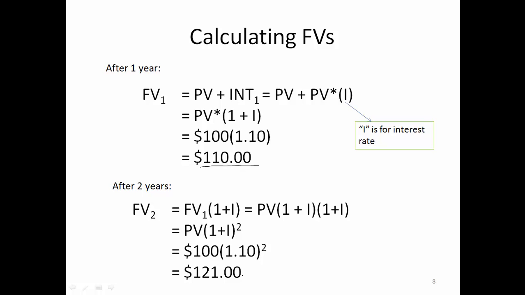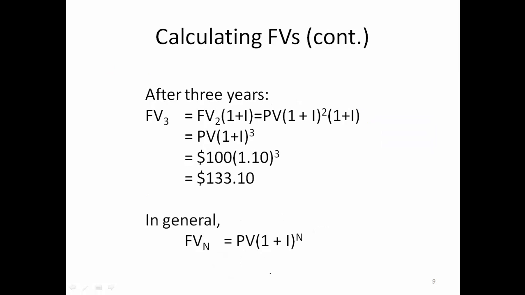So that would be $121 at the end of year 2. After 3 years, we compound 3 times, and then future value will be 133.1. So in general, future value equals present value, which you have now, multiplied by 1 plus I to the power of n. I is the interest rate, n is the number of years that you have to compound.